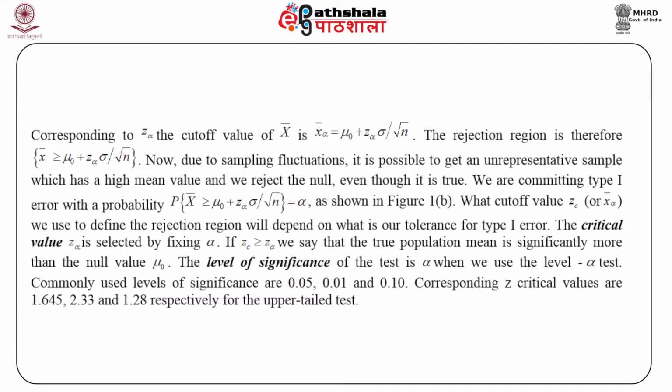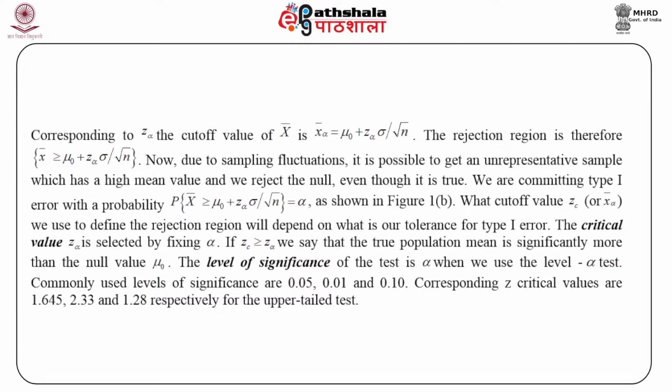The rejection region is therefore x bar greater than or equal to mu 0 plus Z alpha into sigma by root n. Now, due to sampling fluctuations, it is possible to get an unrepresentative sample which has a high mean value, and we reject the null even though it is true, which means we are committing type 1 error. So we are committing type 1 error with probability P of x bar greater than or equal to mu 0 plus Z alpha into sigma by root n, which is equal to alpha, as shown in figure 1b.